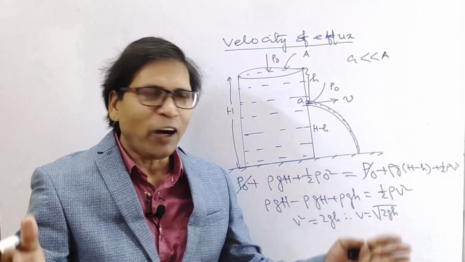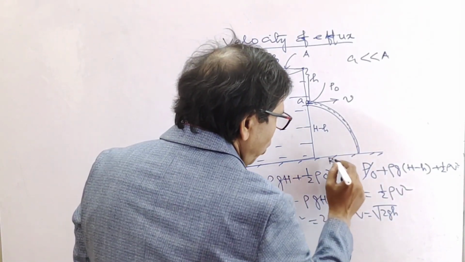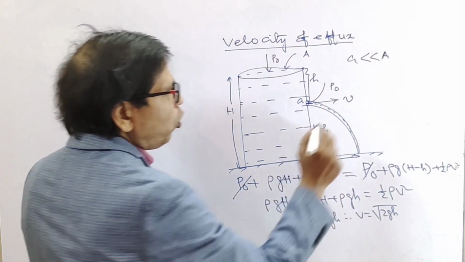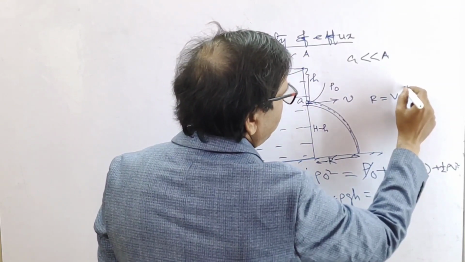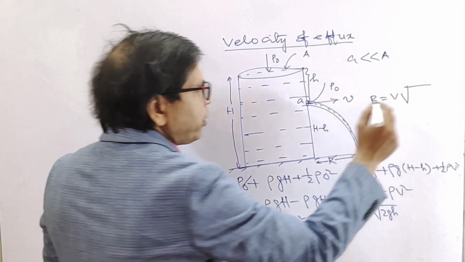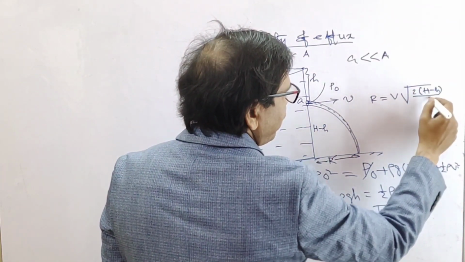Understood? Now we have to calculate where the liquid falls on the ground. Suppose this is the range r. So look at this, r is the velocity into time of fall. What is the time of fall? Time of fall is root under 2 into height divided by g.